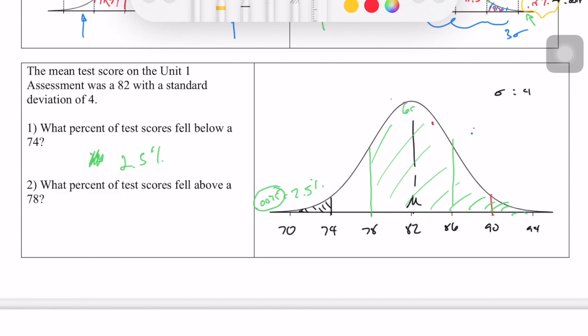So I know that that's 68%, right? Which means how much is left over. That means that there's 32% to be divvied up between the tails here, and I only want one of them. So half of 32 for this area here is 16.